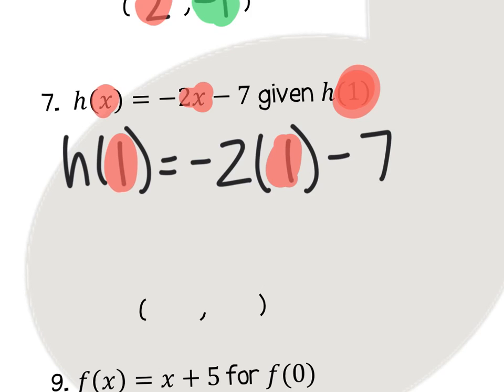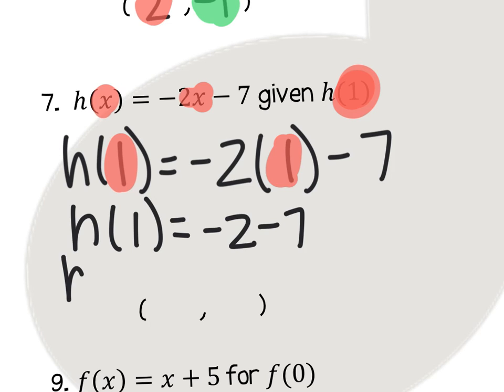So if I do the math, I get h of 1 equals negative 2 times 1 is negative 2 minus 7, and negative 2 minus 7 is negative 9. So our ordered pair would be 1, negative 9. The 1 came from what was in the parentheses, my x value. The negative 9 came from what it equaled in the end.